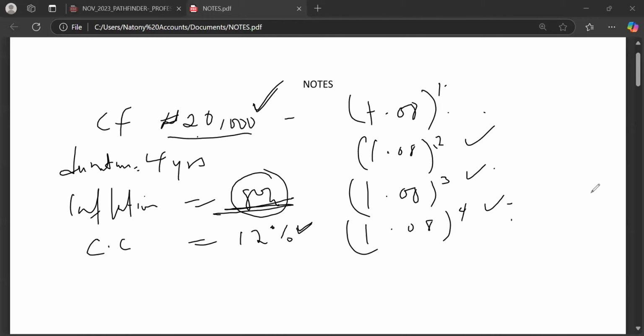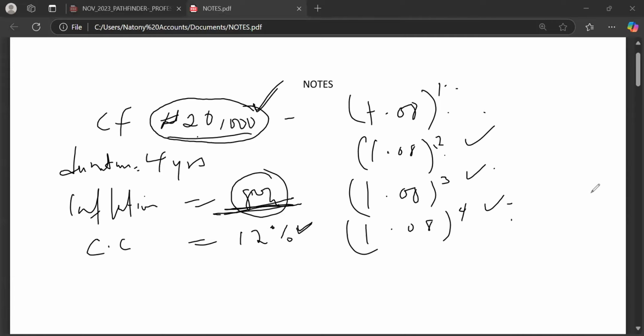What I'm saying here is that you have a business and you are selling a product now for 20,000 naira. This product that you are selling for 20,000 naira, if there is inflation of 8%, you don't expect to sell that same product for 20,000 next year, which is year 1, right? And you don't expect to sell it for the same amount all through the years. So if there's inflation of 8%, you want to factor in that inflation in the selling price of that product. Okay? So you have to inflate it.